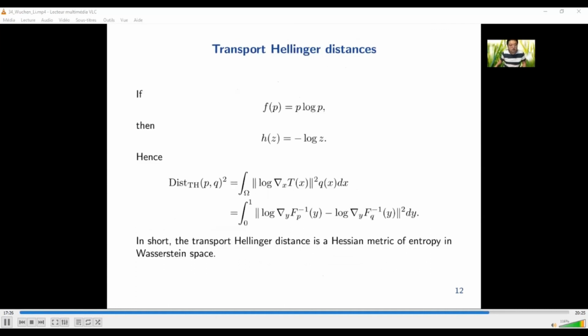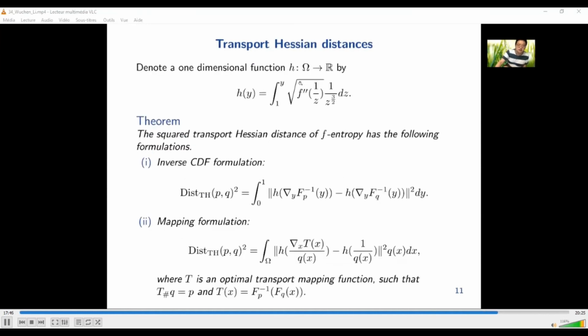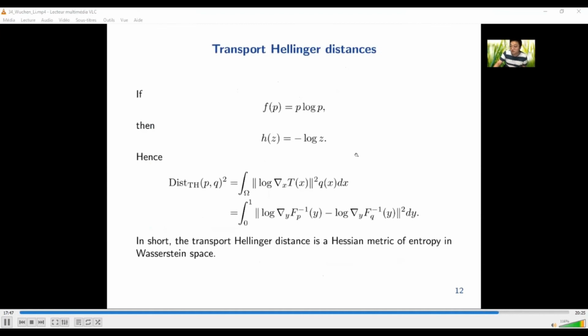Now, at the end of this talk, I try to give you one example, which I believe is one of the very important examples, and I will connect to the KL divergence very soon. I choose F of p as p log p, which means the Boltzmann entropy. In this case, I can integrate this formula. I find the solution, which is negative log z, and I plug in, and I find this formula. Essentially, it is the integral of log of gradient of T squared times q dx.